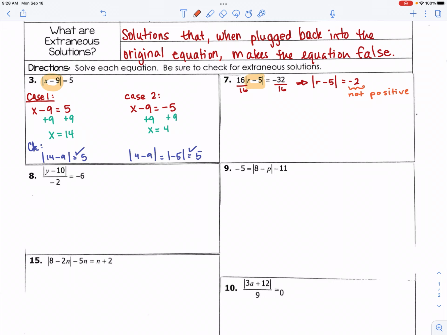So, because the absolute value is equal to a negative number, we can't solve. Therefore, there's no solution. So anytime after you isolate the absolute value, if it equals a negative number, we can't solve it. There's no solution.